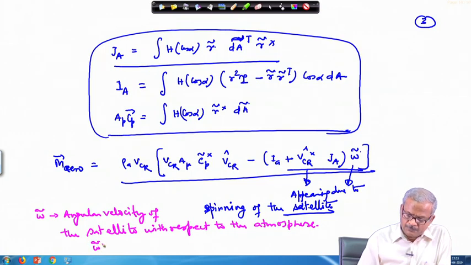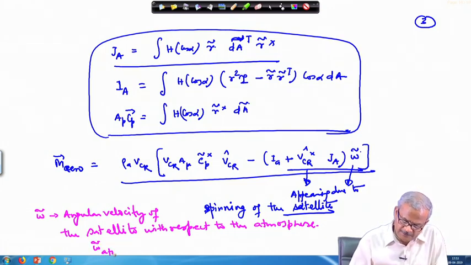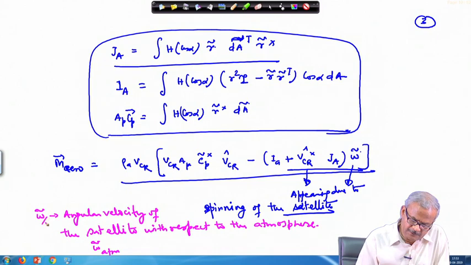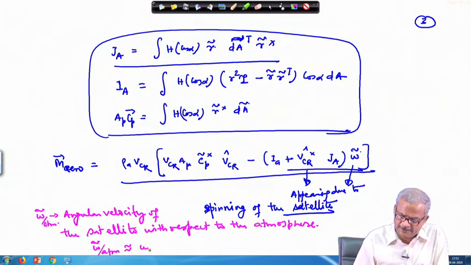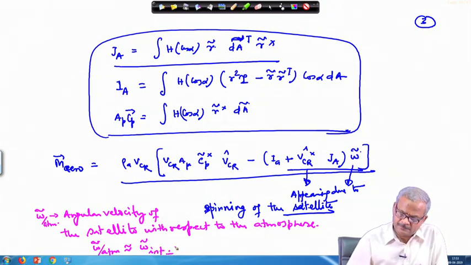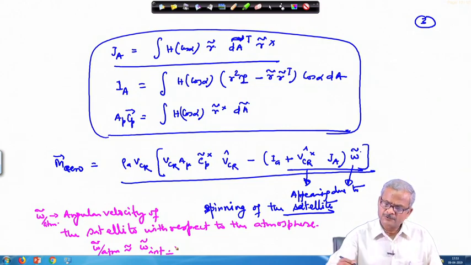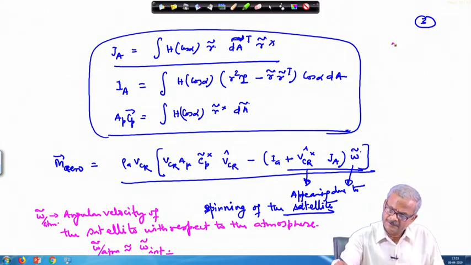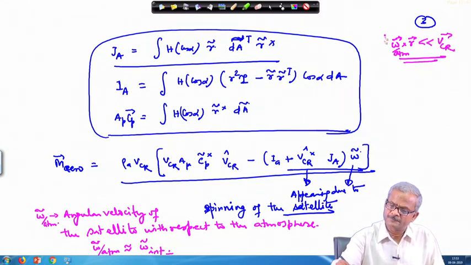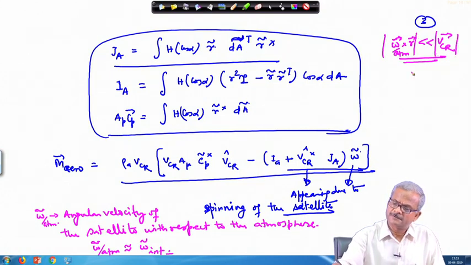However, this omega with respect to the atmosphere can be approximated as omega inertial, because if you look into the quantity omega cross r, this quantity is much less than V_CR in magnitude.